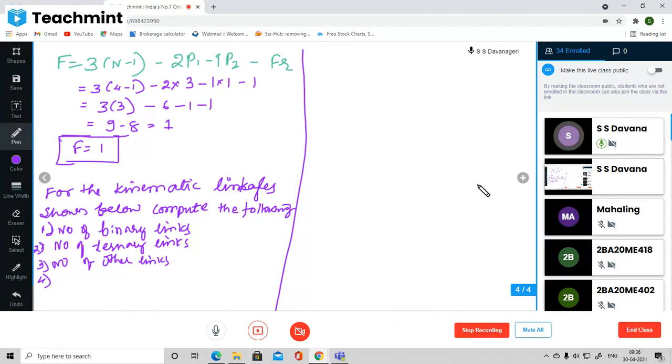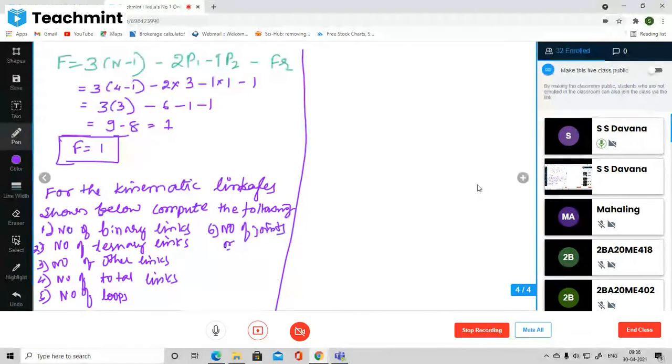And next, number of total links. Number of loops. Number of joints or pairs. Last one, number of degrees of freedom.